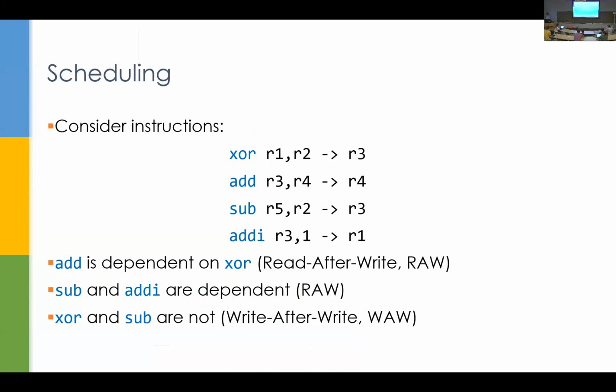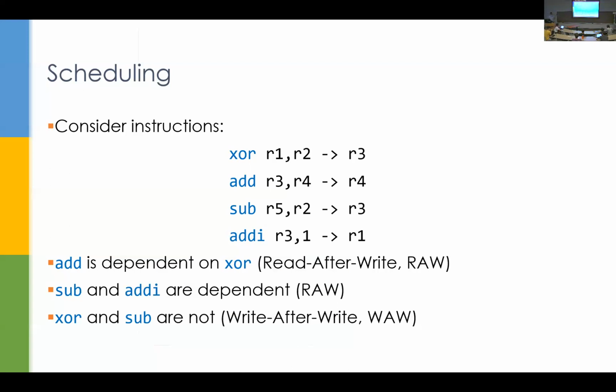So you're subtracting R5, R2 and writing the result in R3. And then finally, you're doing add increment or add integer, I think it's called, R3, 1 and storing that in R1. So essentially what we're doing is three things here. We have an add that is dependent on XOR because it is read after write.